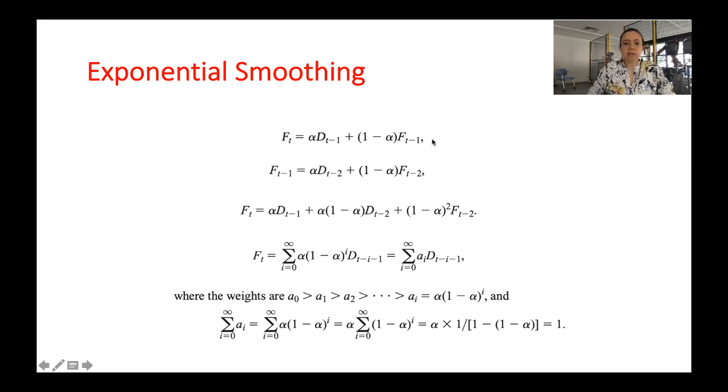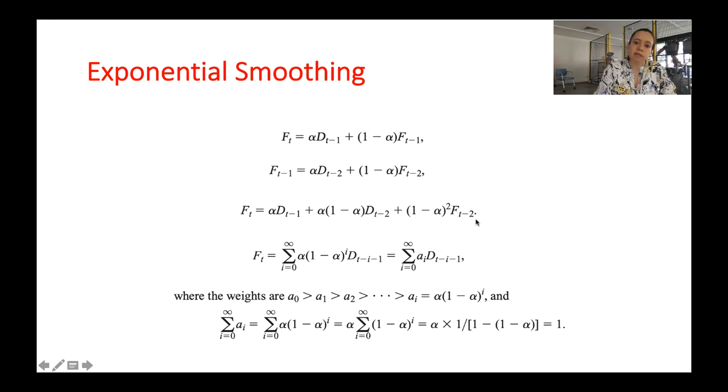The first line is the original formulation for our method exponential smoothing, and from that formulation, in fact, we can write the forecast for the period t minus 1 in this way. And if we insert this second formulation into the first formulation, here we obtain this third line.